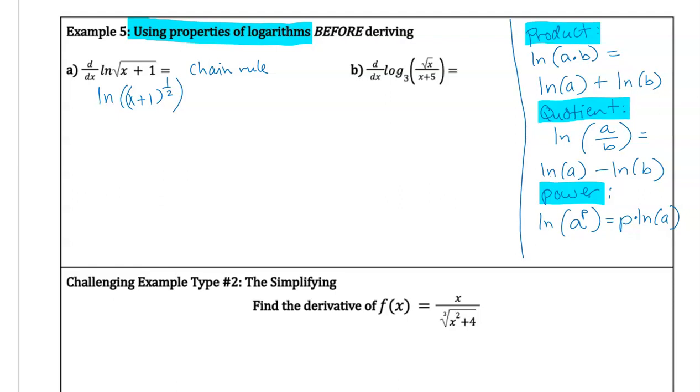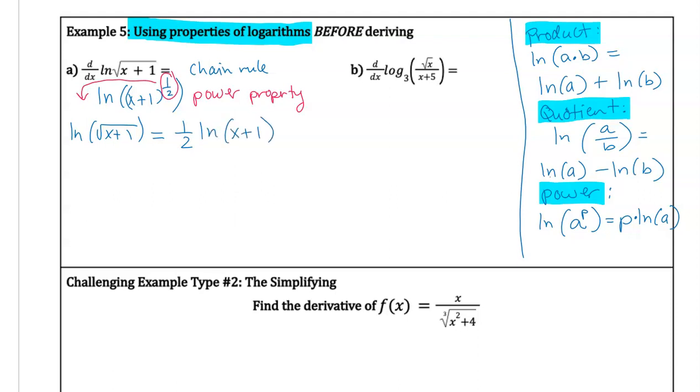And so what I could do is use the power property here to rewrite this function and say, okay, I'm going to take this exponent of 1/2 and turn it into the coefficient of my log. So ln of the square root of x plus 1 is equivalent to the number 1/2 times the natural log of just x plus 1.